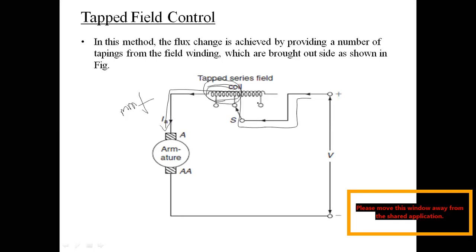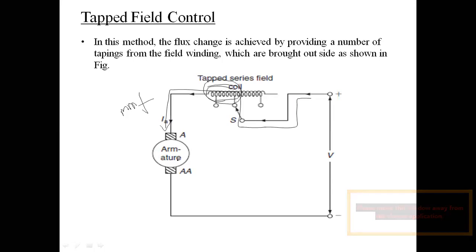So by changing the switch to the required tappings, the MMF which was produced in the coil is going to be changed. By changing this MMF, the speed of the motor is going to be changed, depending upon the increase or decrease of your MMF.